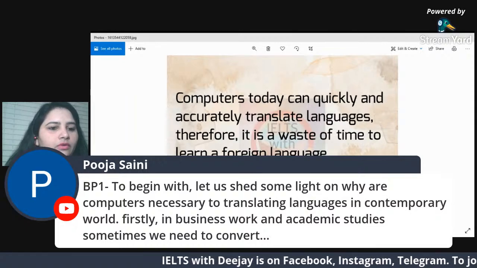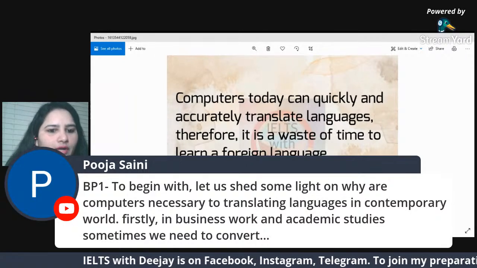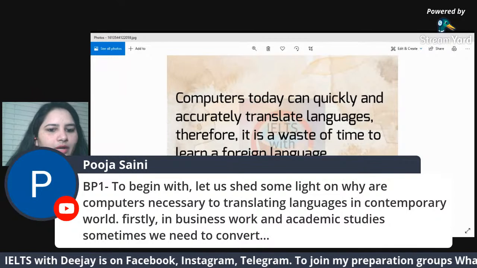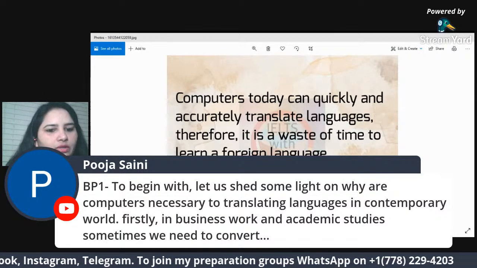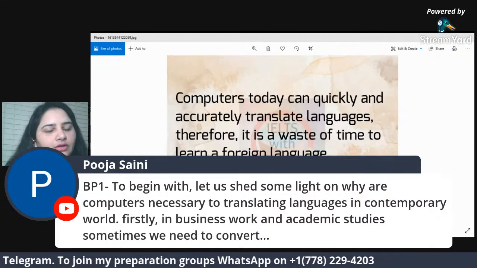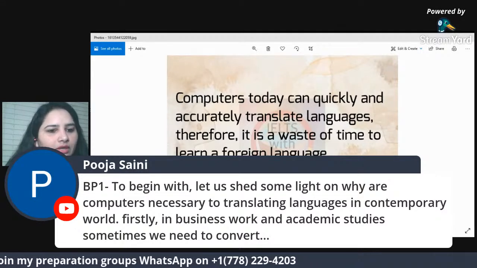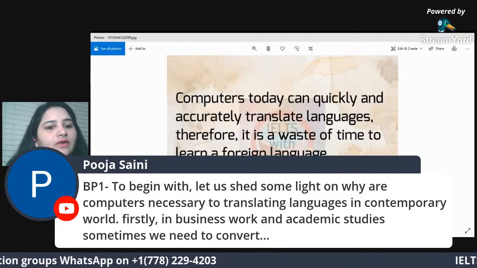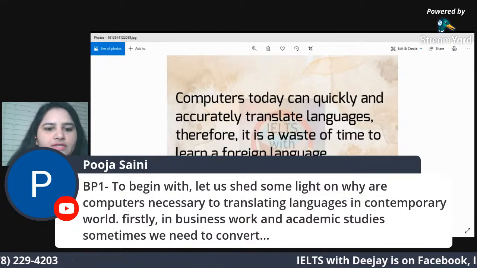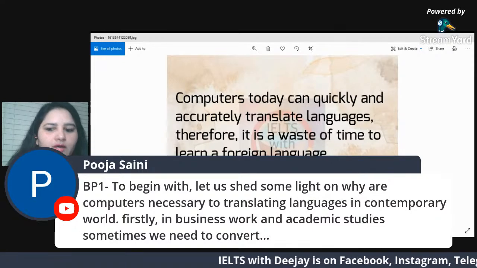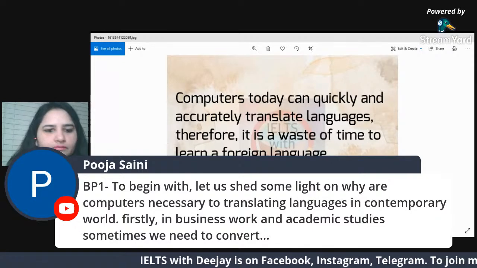We talked about that in the introduction, that in the modern era, translating language, we have this shedding lights, all these things, try to omit and just simply start your writing with your main idea. What your main idea is, start writing that one from the very starting. Okay, firstly, you have to write your main idea, then you have to explain.